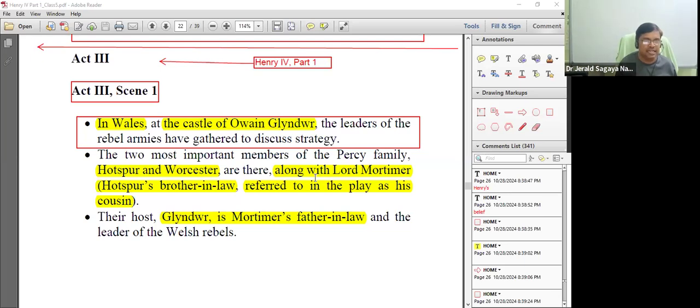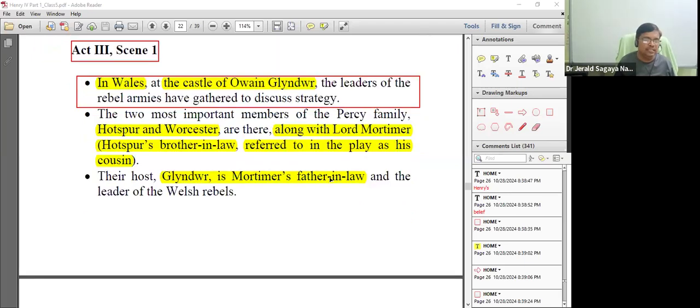Act 3, Scene 1 takes place in the castle of Owain Glendower, and almost all the rebel leaders with their armies have gathered there. Who are the people gathered? The most important among them, the speaking characters, are the members of the Percy family: Hotspur, his uncle Worcester, and Lord Mortimer, who is Hotspur's brother-in-law.